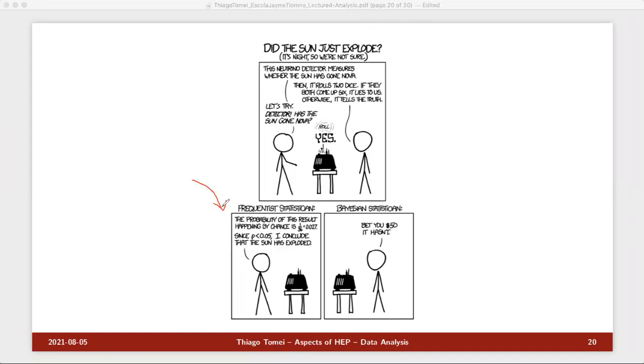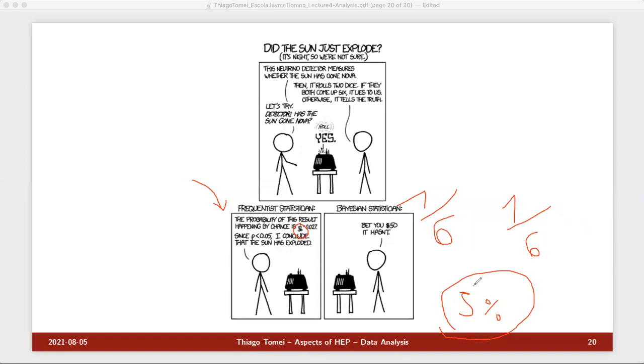If you are a pure frequentist statistician, you would say that the chance of the detector lying is 1/36. So 1/6 for the first die, 1/6 for the second die, which is very small, right? It's less than 5%. So you could come to the conclusion and say, oh, I assert with 95% confidence level that there's only a 5% chance that I'm wrong.